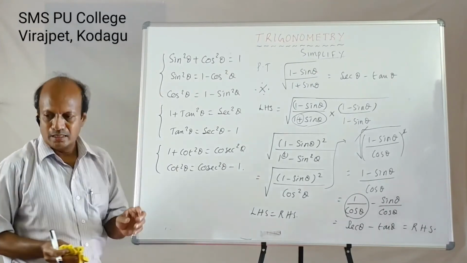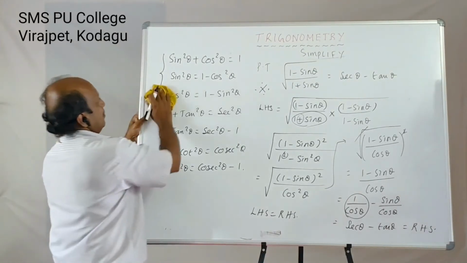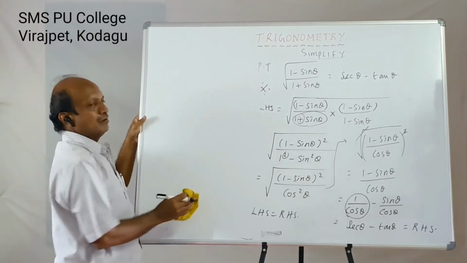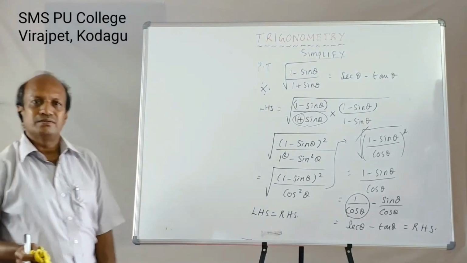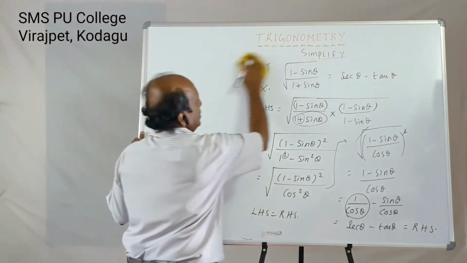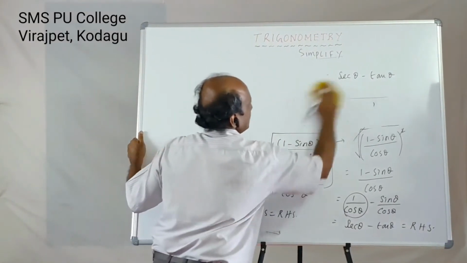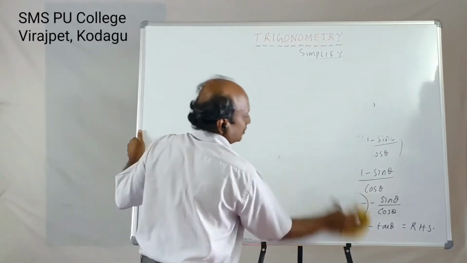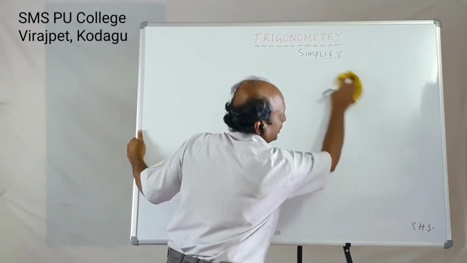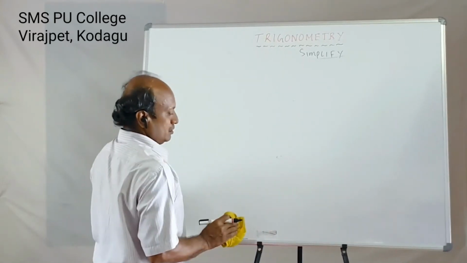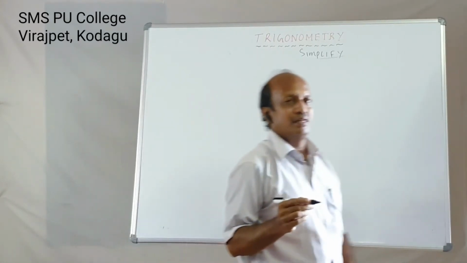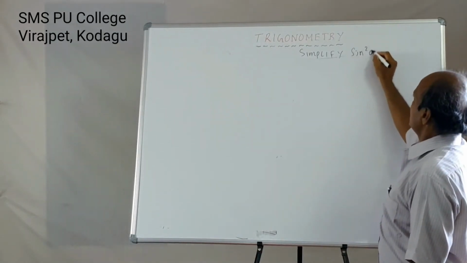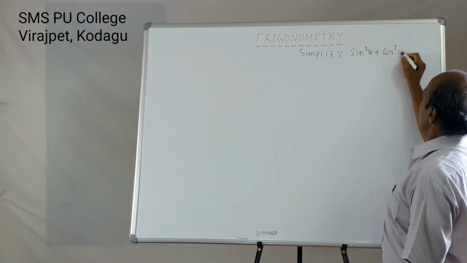Next, let us go for one more interesting problem, in which almost all trigonometric identities are going to be used. Once again, I list out the trigonometric identities. What is the first one? Sin square theta plus cos square theta is equal to 1.